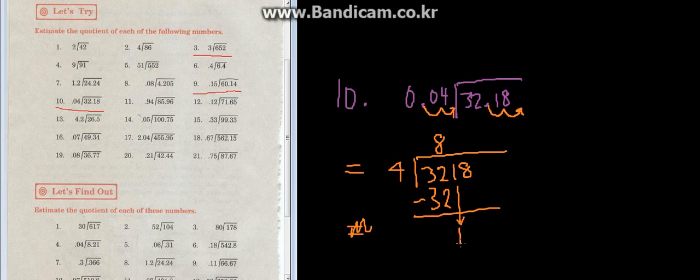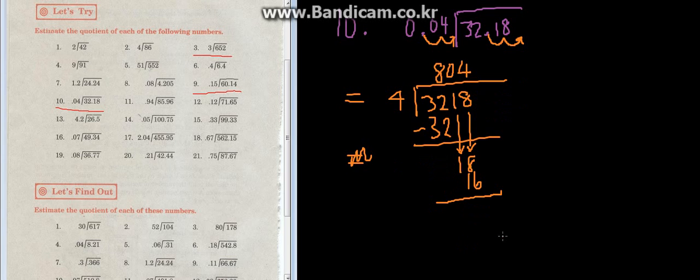We bring down 1. 4 goes into 1, 0 times, bring down 8, so it becomes 18. 4 goes into 18 about 4 times. 4 times 4 is 16. And 18 minus 16, that's gonna be 2.